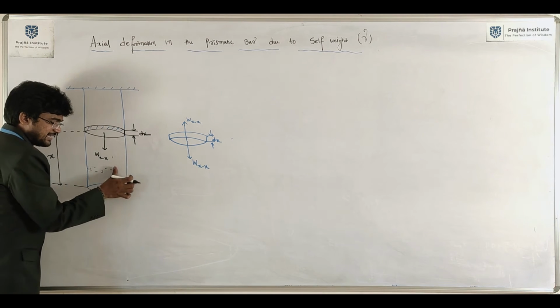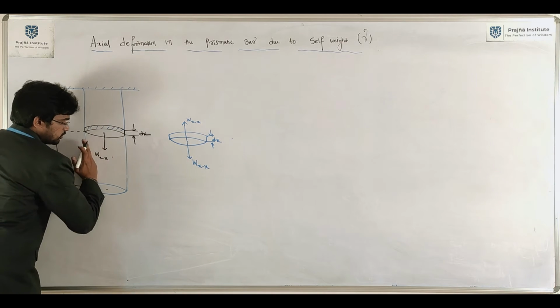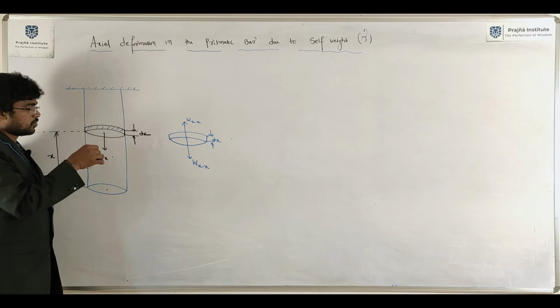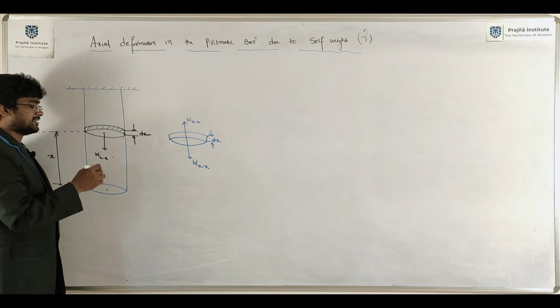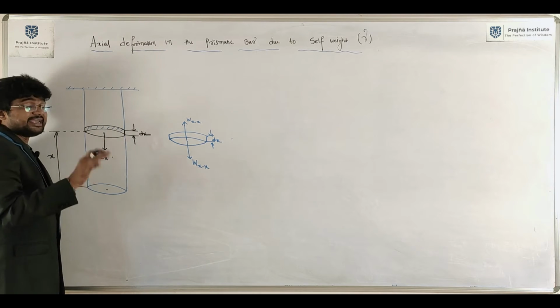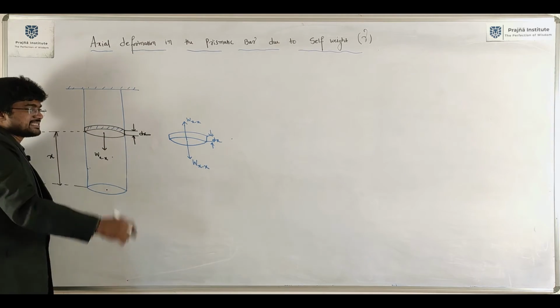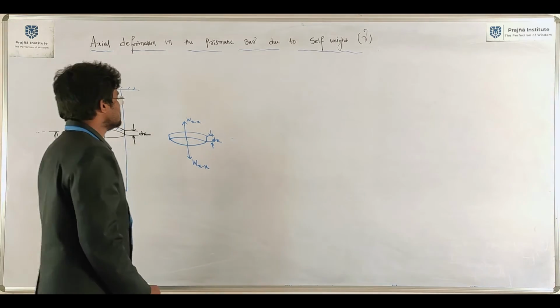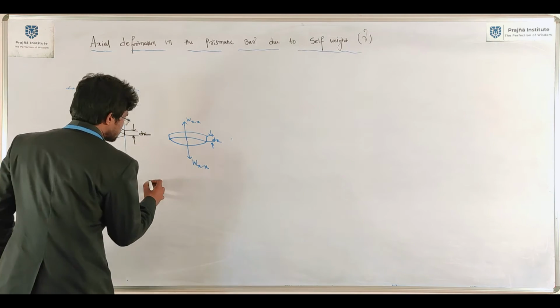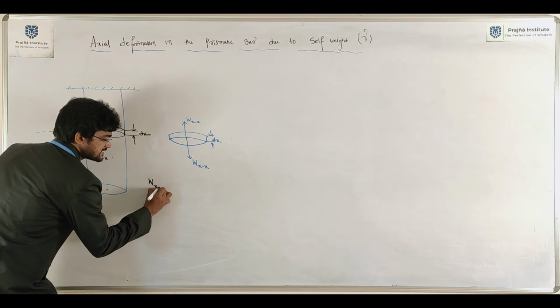So we took an element. What is the load acting on the element? You need to calculate this: the weight acting as an axial load. How do we write the expression for Wx?